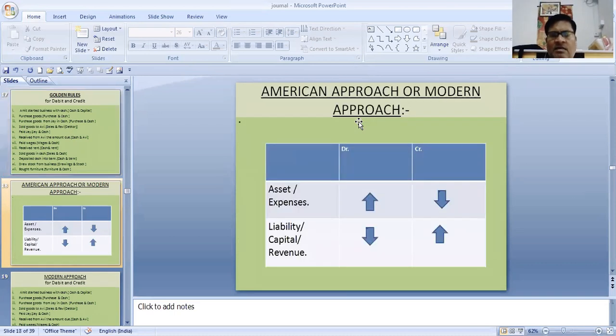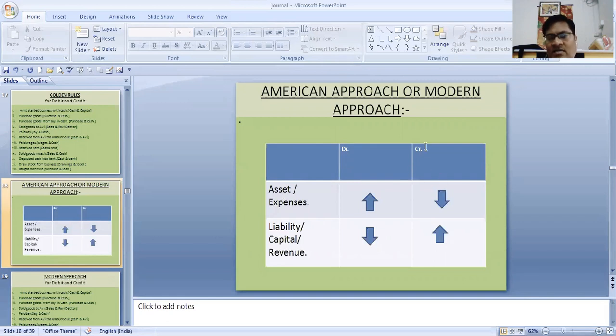Next is the American approach. The American approach says that assets and expenses, whenever they increase, because they have debit balance, will be debited. And whenever they reduce, we have to credit them. For example, we purchased an asset, like furniture from Hari in cash. So furniture being an asset is increasing in the business, so furniture account debit. Cash being an asset is reducing from the business, so it will be credited.